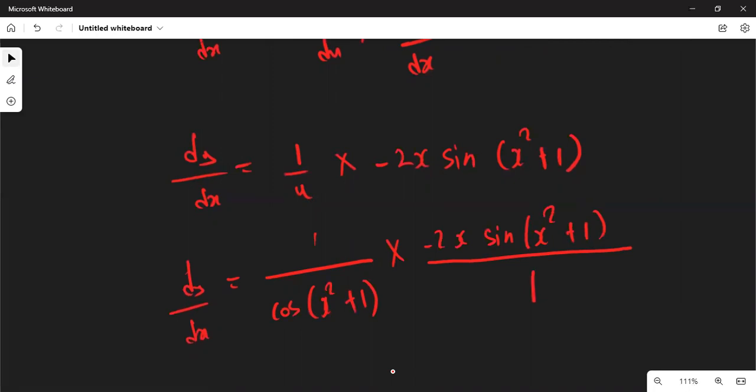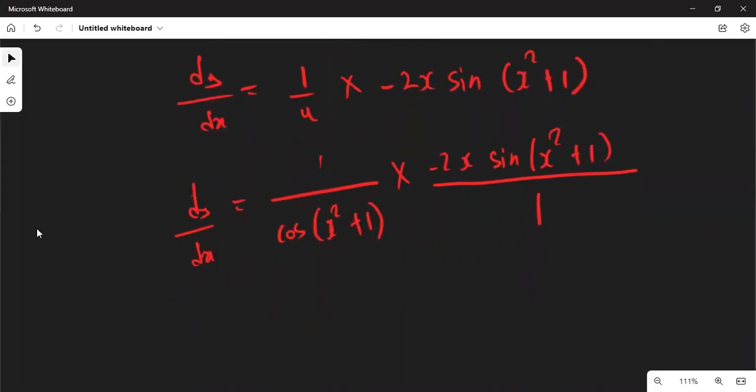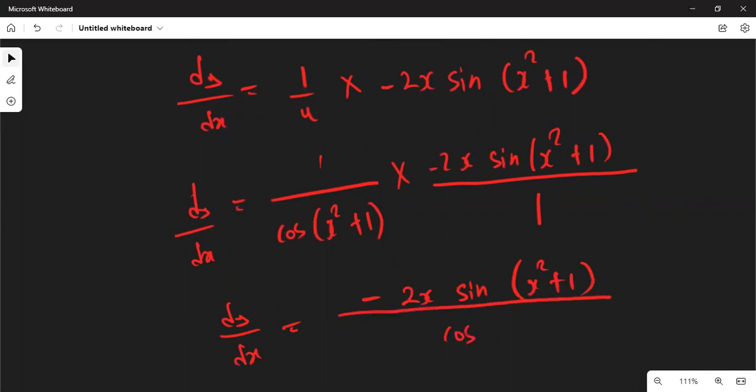So as we can see here, we can actually combine our fractions. How are we going to combine this? By just combining the numerator and the denominator. We shall have something of this nature, which is negative 2x sine x squared plus 1, everything over cos x squared plus 1.